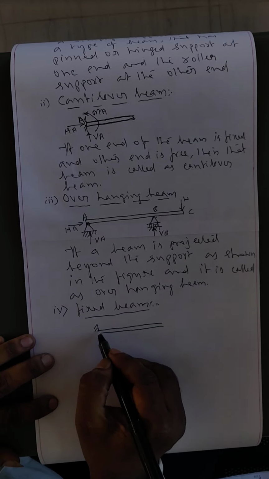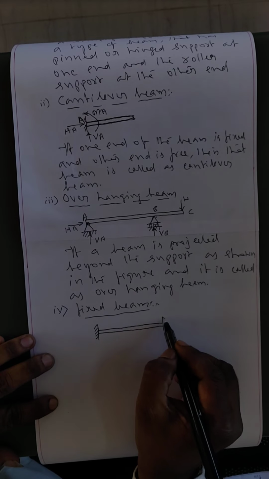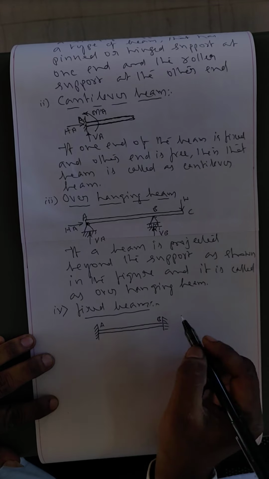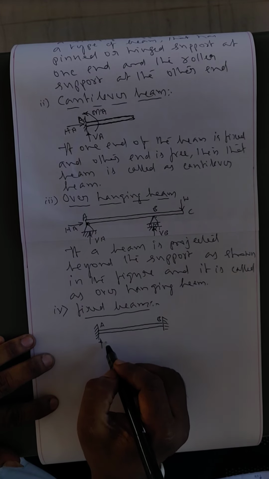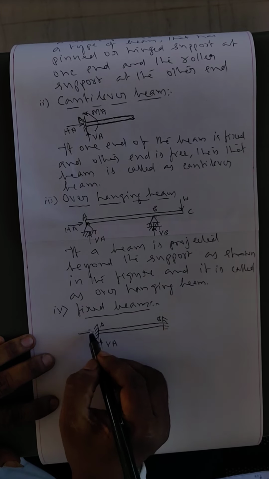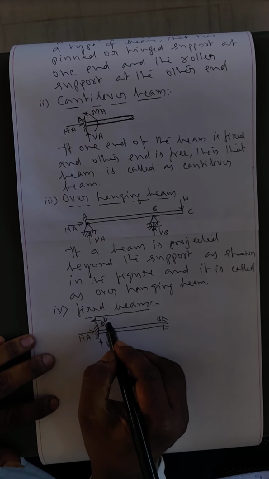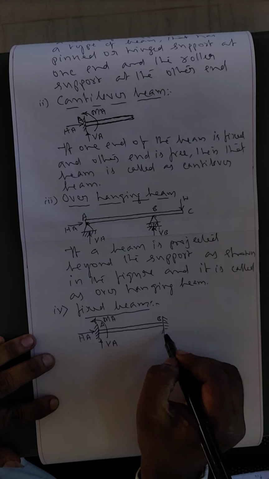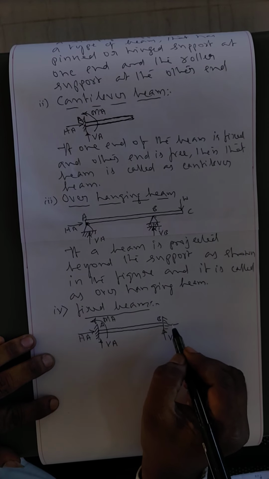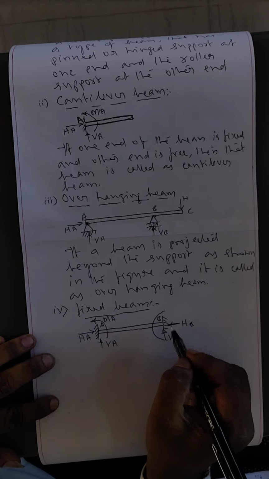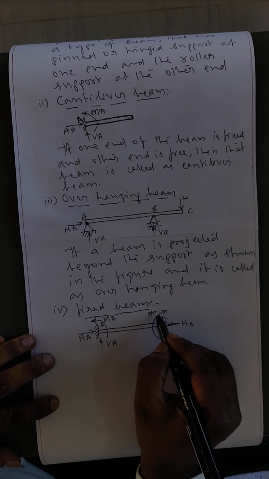Here the end is fixed. Fixed symbol is like this. This point is A, this point is B. Here VA reaction develops, HA reaction develops, moment also develops, MA. Here also reaction VB develops, reaction HB develops, also moment MB develops.